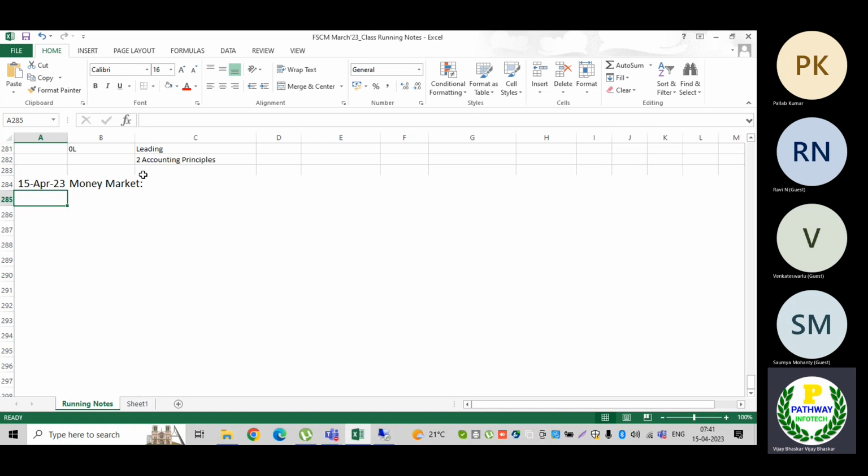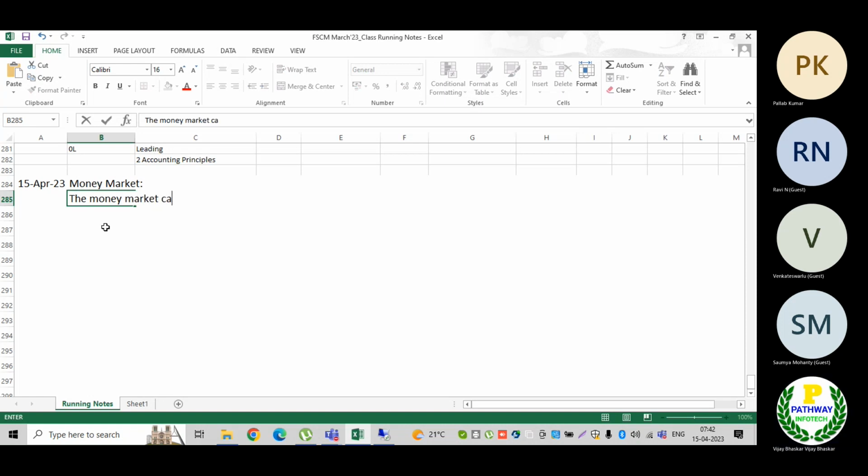And at the same time, the money market instruments which we can use for either investment purposes or we can borrow the money. Remember, the money market is a part of treasury.